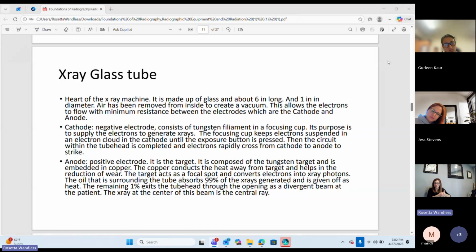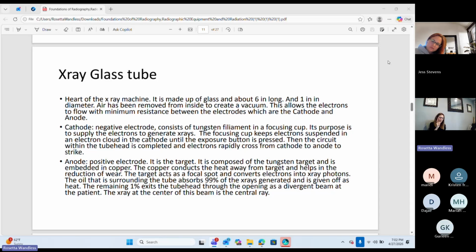That's what's happening right there. So the heat gets absorbed in that copper stem, we call it. And 1% is going to push through that target and get out to what we need it to be, that radiation beam that we're looking for.